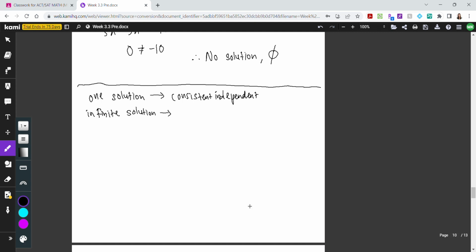When we have infinite solutions, it is going to be consistent dependent. And when we have no solution, it is going to be inconsistent. All right, so one solution, consistent independent; infinite solutions, consistent dependent; and no solution, inconsistent. Just some good terms to remember because it may or may not come out during the tests. You may see it in college also.